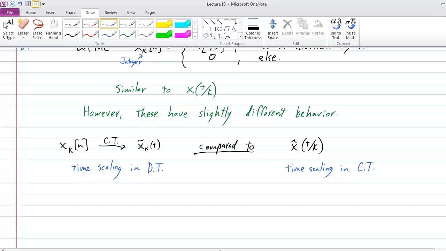I'm drawing a sinc centered at each of the delta functions. And the cool thing is that when you add all these functions together, you'll get back your original signal. So I've drawn a sinc scaled by the sample value. This is sinc interpolation, and that's how you recover the signal exactly.